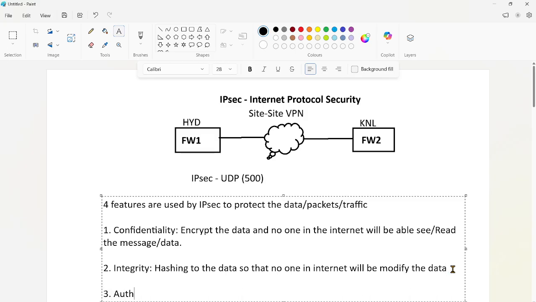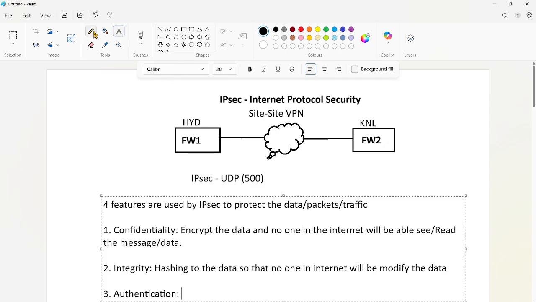So next one is authentication. Why are we using authentication? Whenever you are sending or receiving information, we have to know whether we are sending to or receiving the data from the correct sender and receiver.